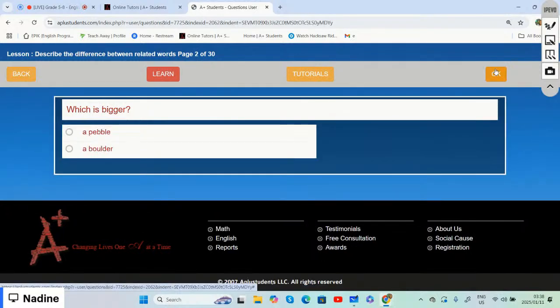Which one is bigger? Do we say a pebble, option one, is bigger, or a boulder, option two, is bigger? We need to say which one is bigger.